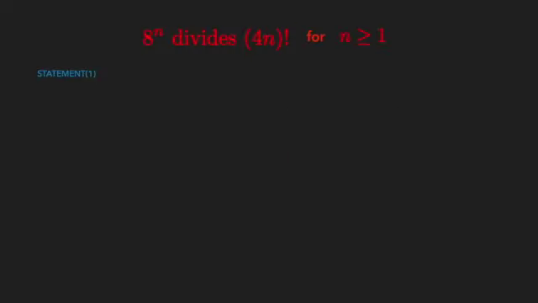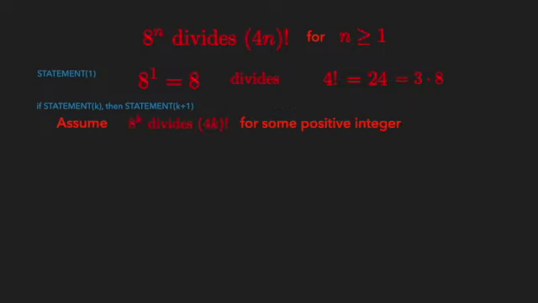Next statement, the base case is 8 divides 24. To prove if the statement is true for k, then it is true for k plus 1, we assume that the statement is true for some positive integer k. That is, 4k factorial is equal to q times 8 to the k for some integer q. Then 4 times k plus 1 factorial can be factored.